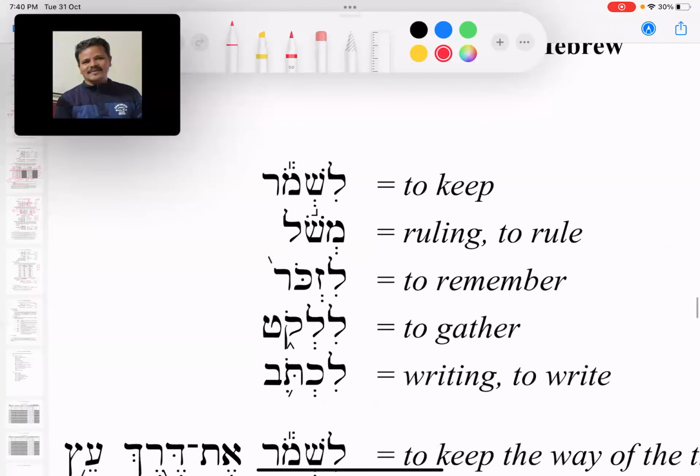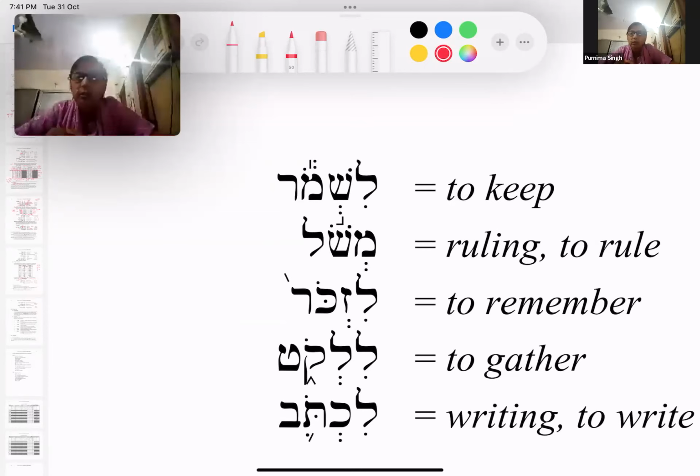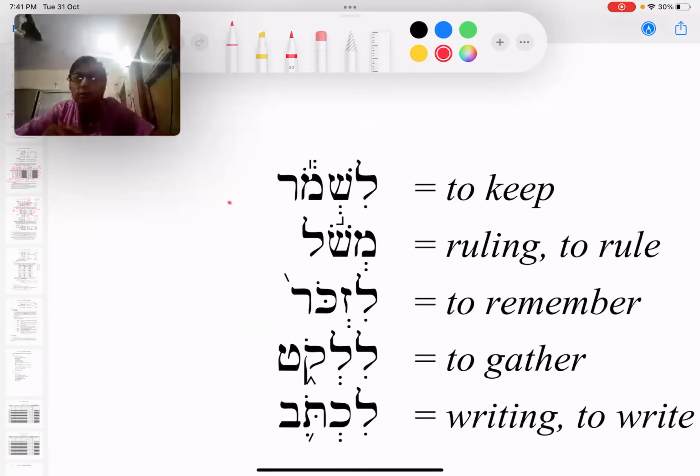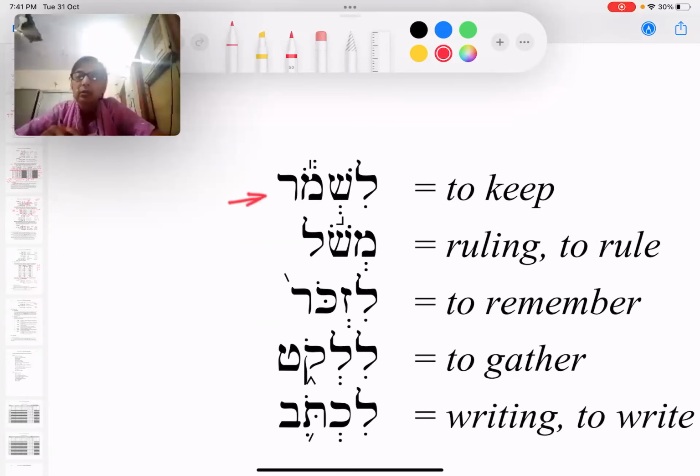Now, read this one. Lishmor. Lishmor means what? To keep. Now see here, it's actually nothing but the preposition used over here. Lishmor, to keep.